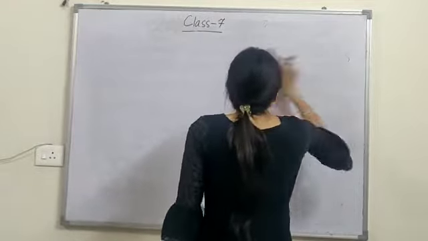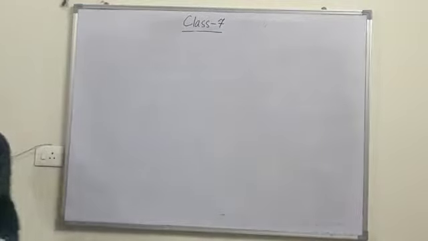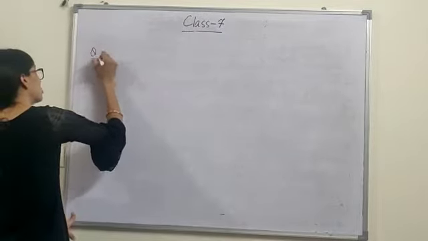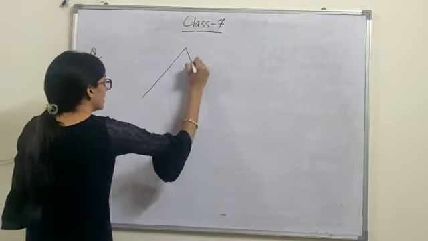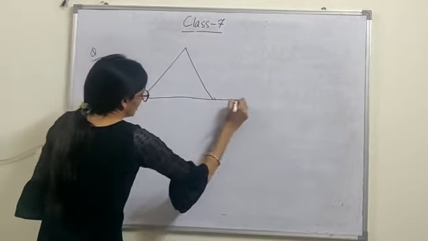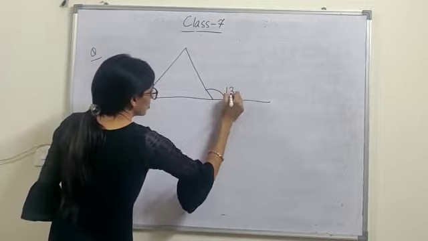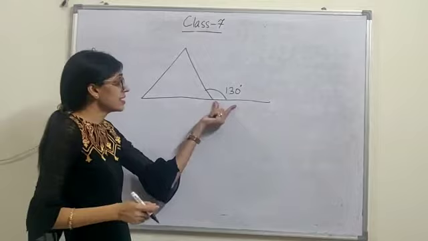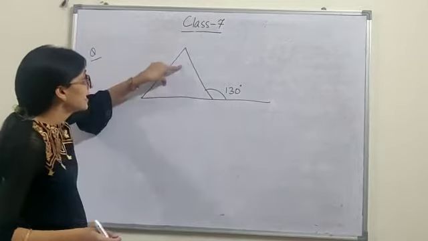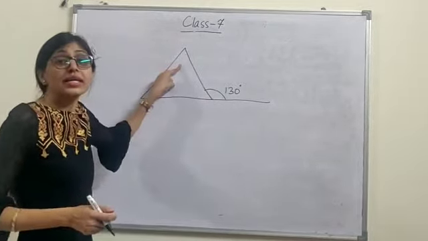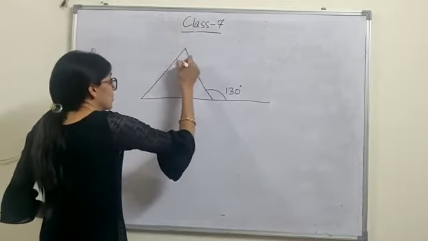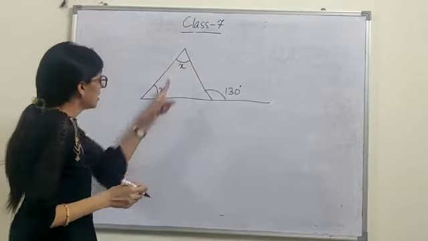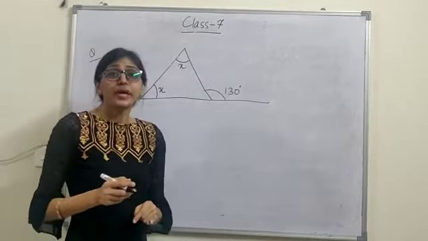The second question states that in a triangle the exterior angle is equal to 130 degrees and this exterior angle is equal to the interior opposite angles which are equal, but we don't know the interior opposite angles. We have to find the value of x.